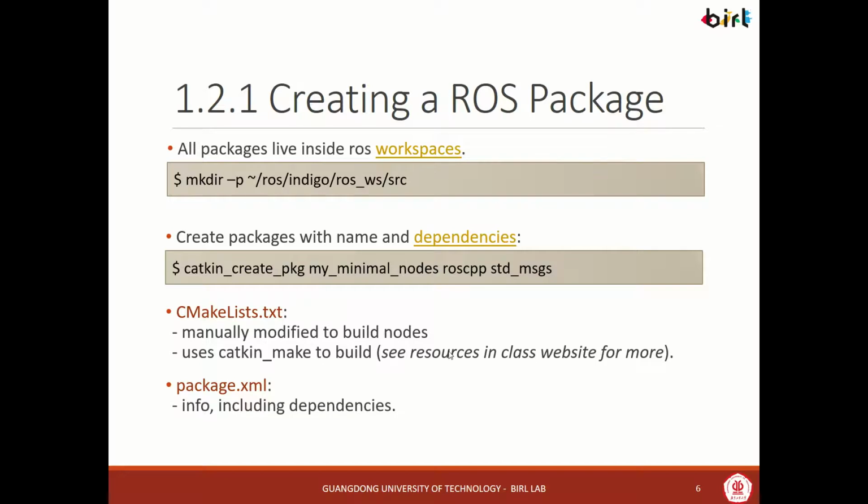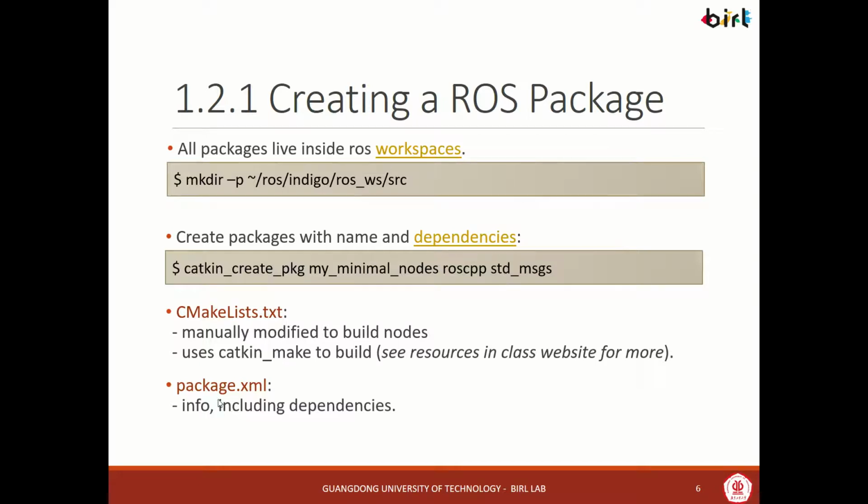Now, please make sure to look at the resources folder in the class website, where I have some very useful documents for you to be able to understand all the details about catkin/CMake. We will still comment more in this lecture later, but for an in-depth, detailed description, you can look at the resources.